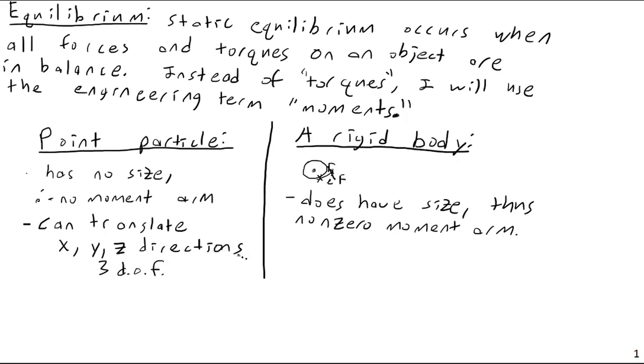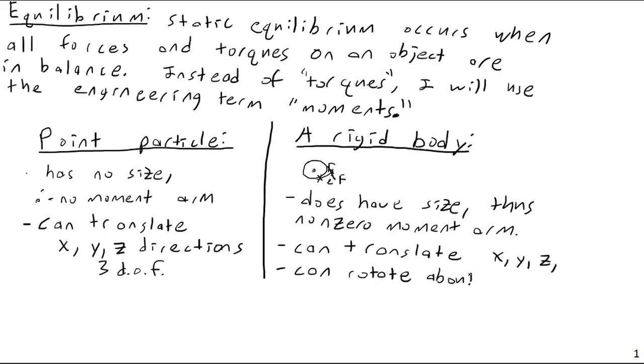A rigid body can translate in the x, y, z directions, but it can also rotate about the x, y, z axes. What translation means is the center of mass itself is moving. So this has 6 degrees of freedom.